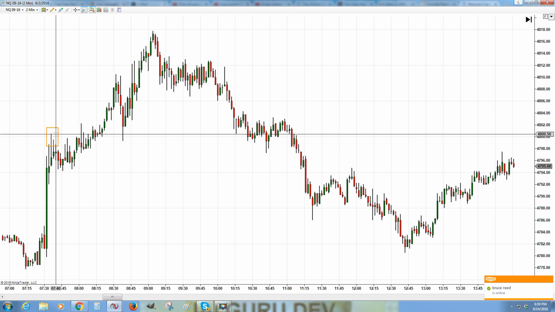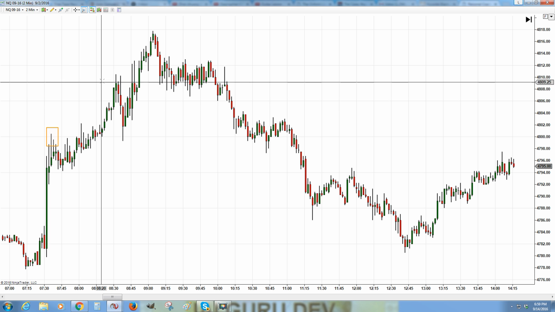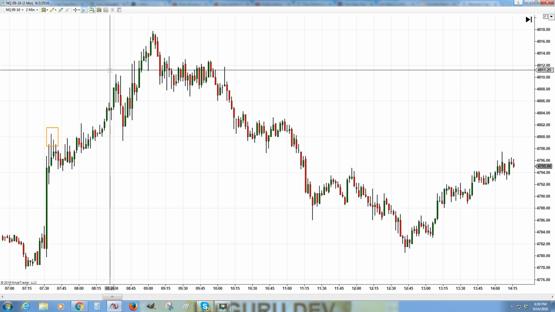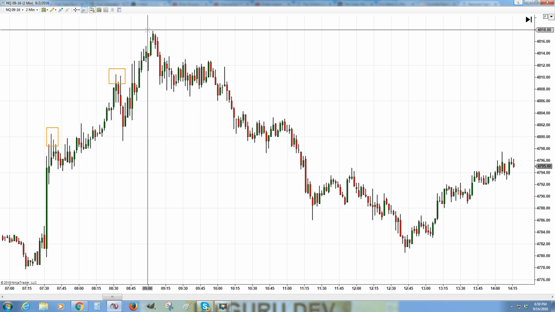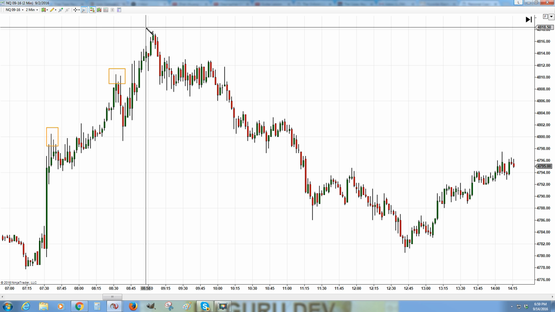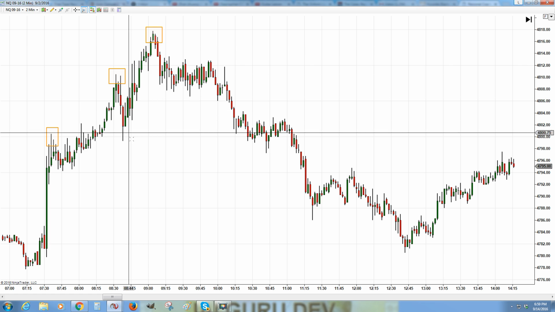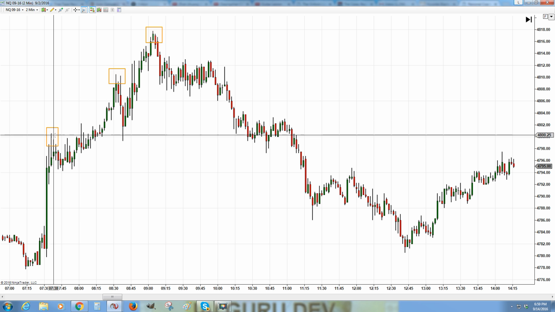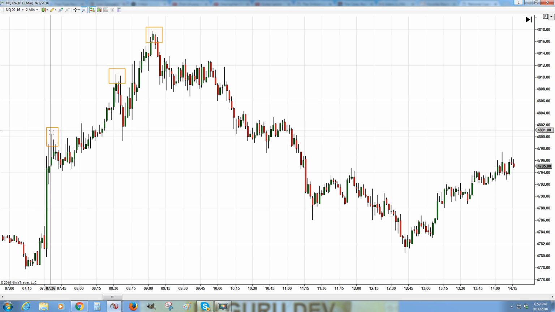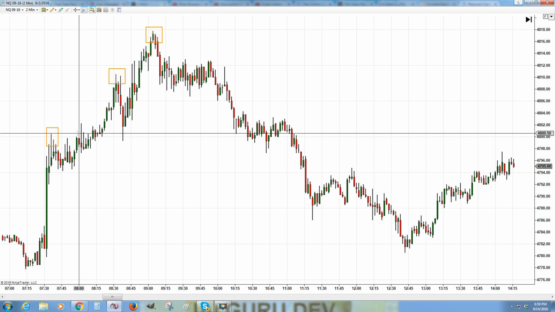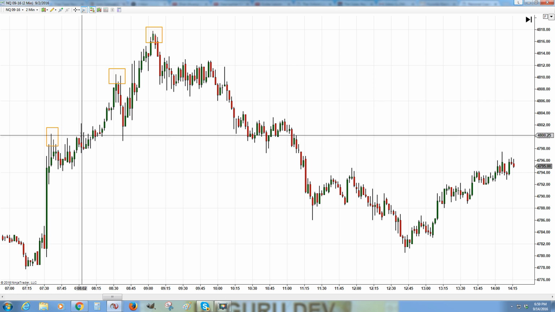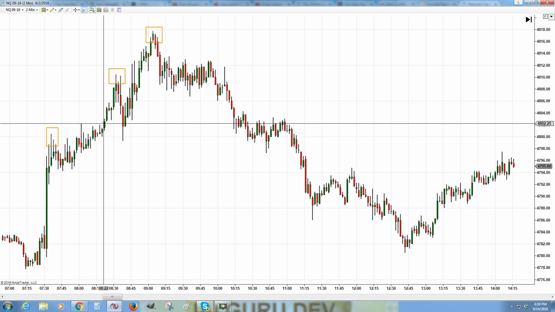When it breaks that high, we look for the next one right here, and then we look for another pullback and another high here. So we have this first peak, we have a number of bars, and then it gets broken. This bar breaks but closes back under it. So it doesn't finally break out until this bar occurs right here.